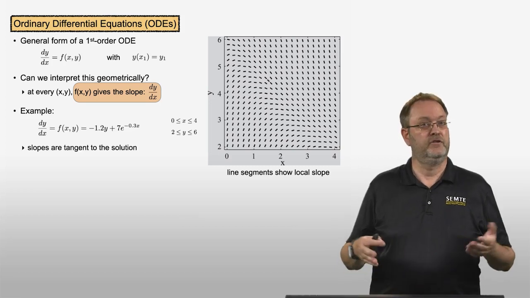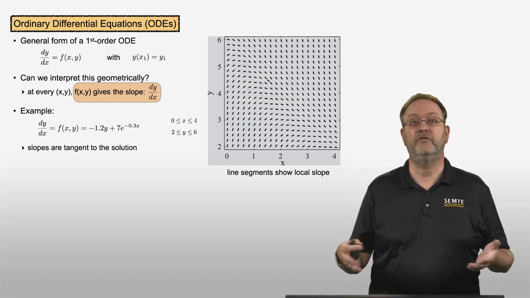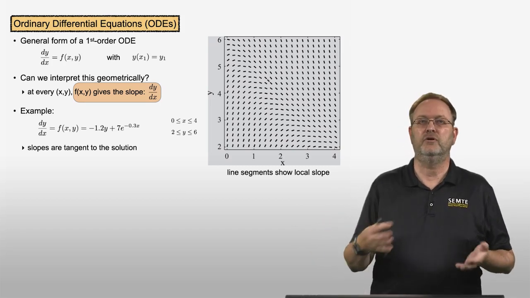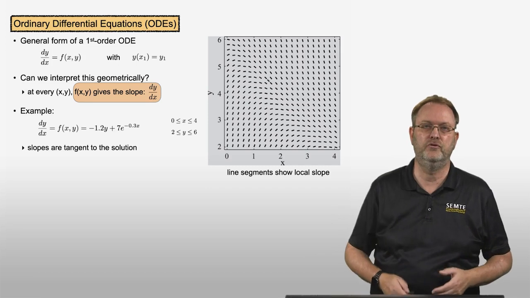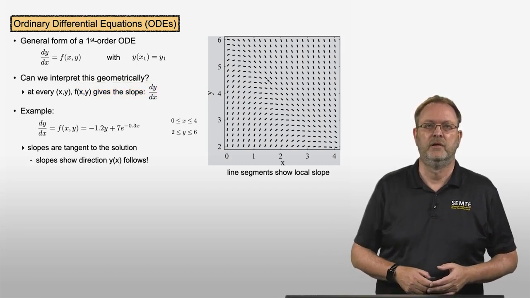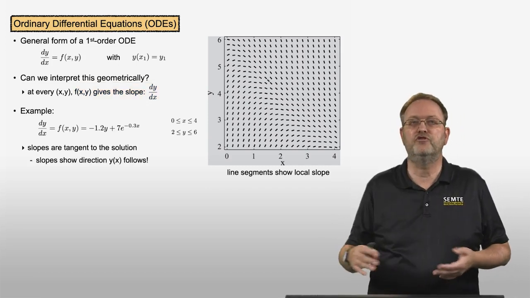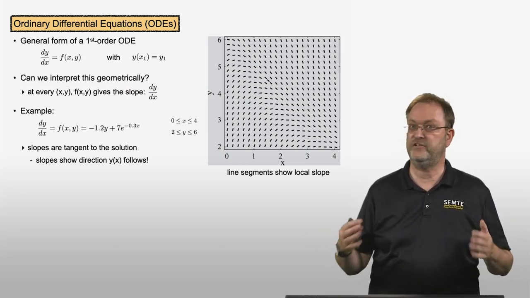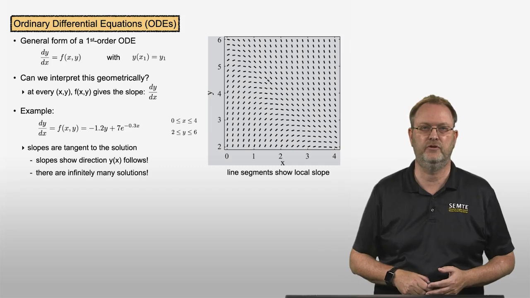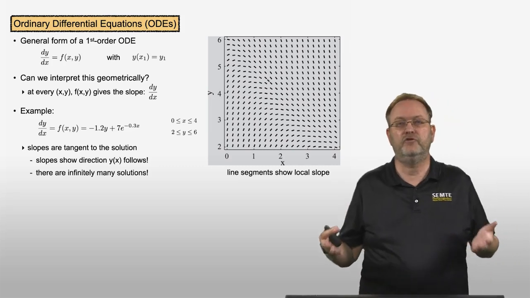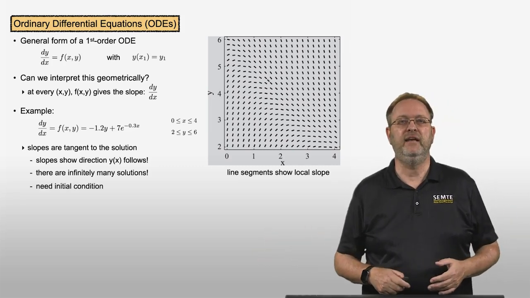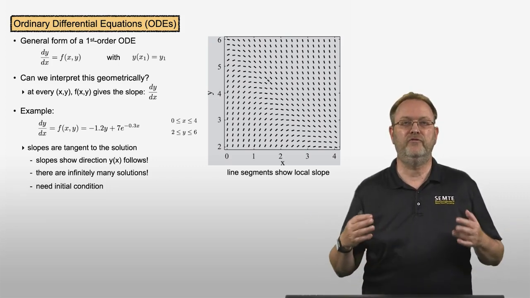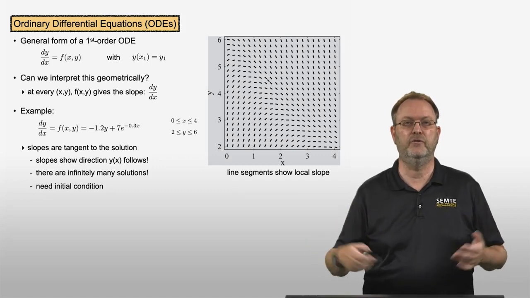Now, the slopes we know are the slopes of the function y of x, so they have to be tangent to the solution y of x. So these lines show me the direction that y of x follows as a geometrical interpretation of this ODE. But there are, of course, infinitely many solutions, and in order to pick a particular solution, I need to provide an initial condition or a constraint.